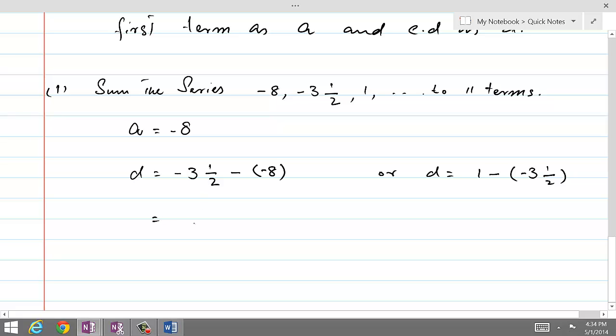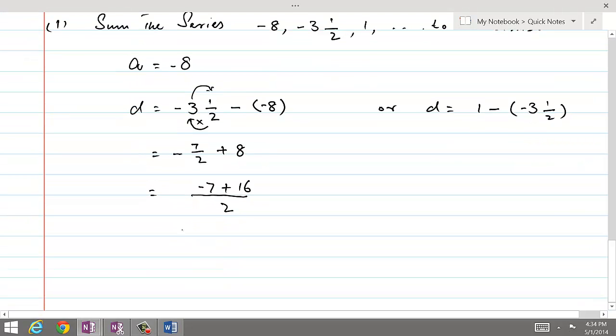By changing this into an improper fraction, this will be multiplied with -3, and then you can add the numerator. So this will be -7/2, and this minus times minus will become plus 8, and if we take the LCM, which is 2 here, this will be -7 plus 16, and this will give us the value of d equal to 9/2.